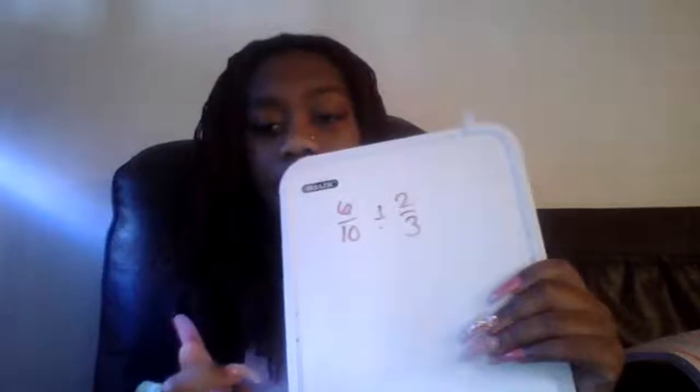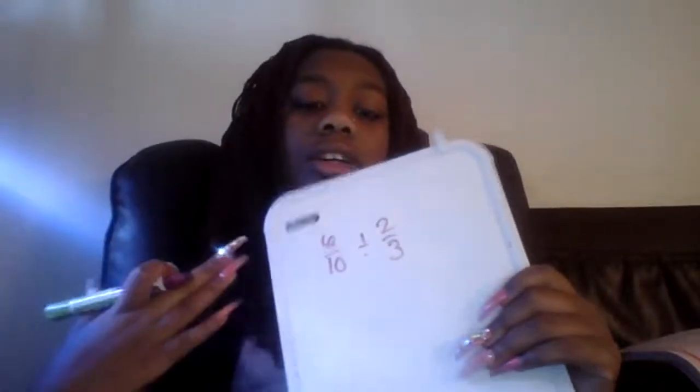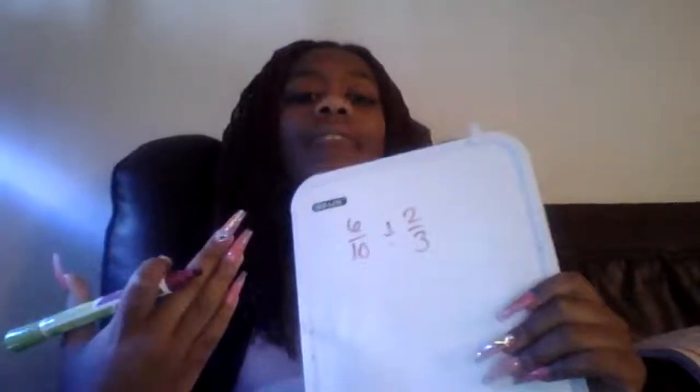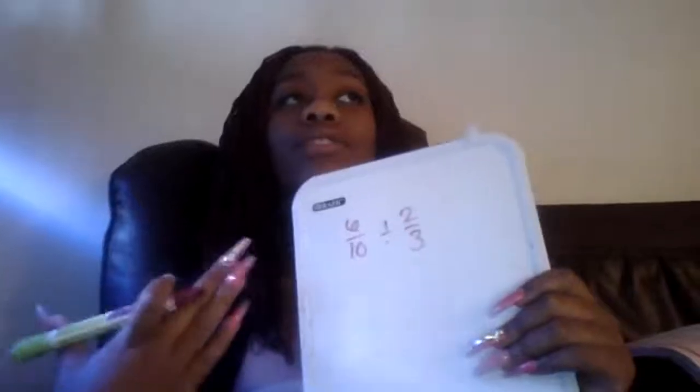Now for division, we're going to do this one. I've got 6 over 10 divided by 2 over 3. Now for me to solve this, I'm going to have to do something called the keep, change, flip rule. And this is only for division.